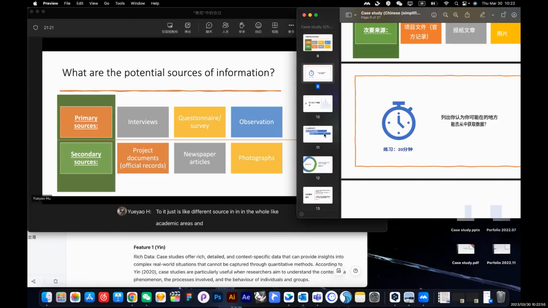It's like different sources in the whole academic area. Has anyone been on the UK government website before? That surprised me. In China, we don't normally put all the information in one website, or we just put words on one website to describe it. But in the UK, on the government website, you can find they post all the data.